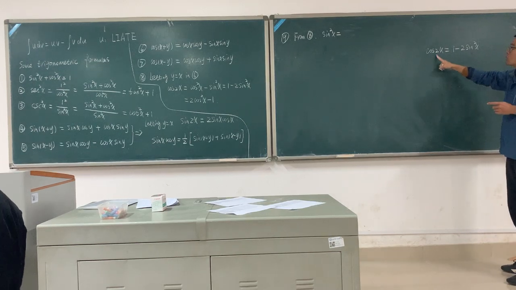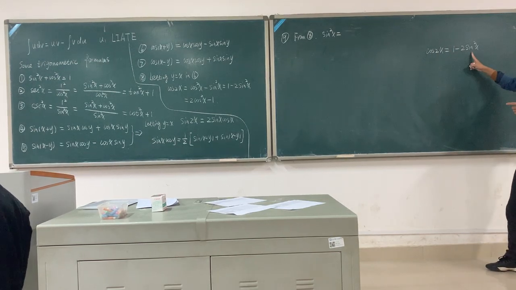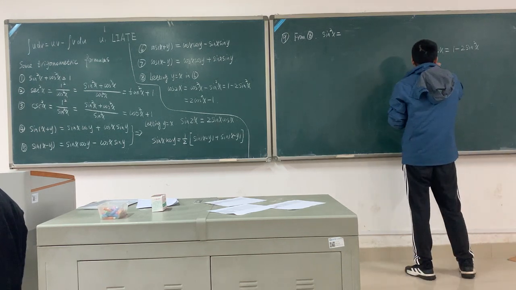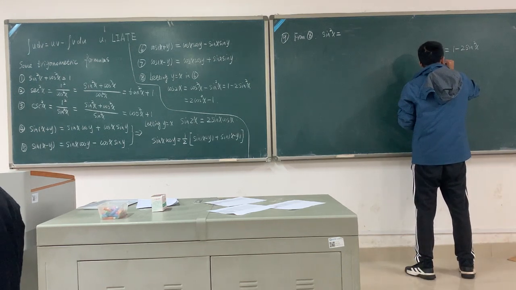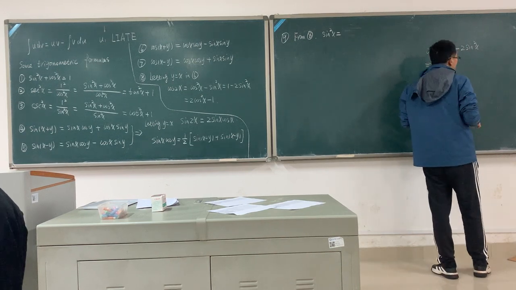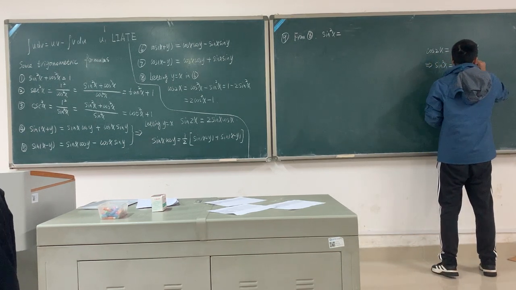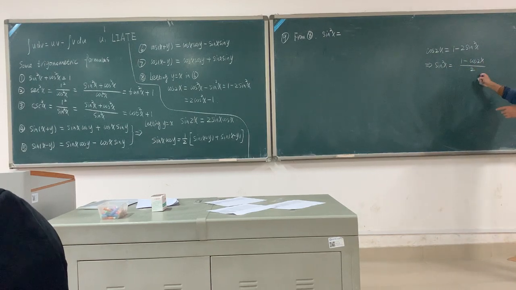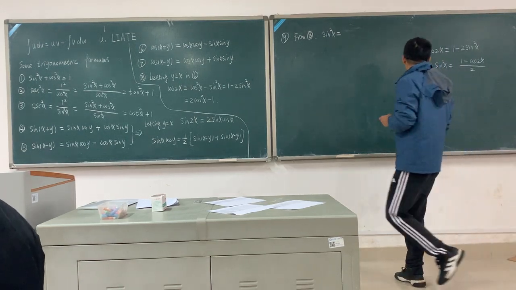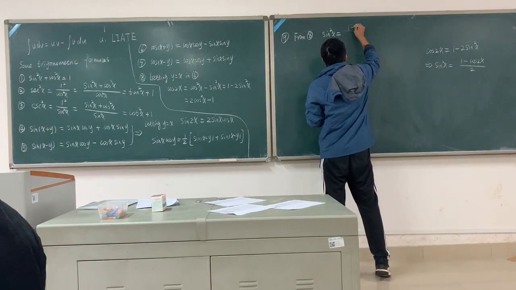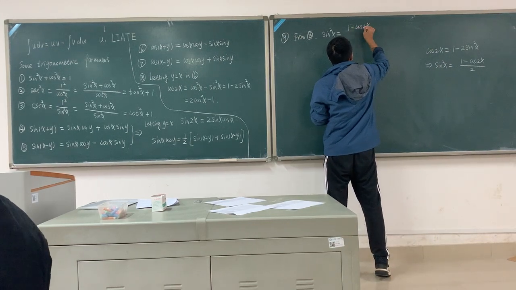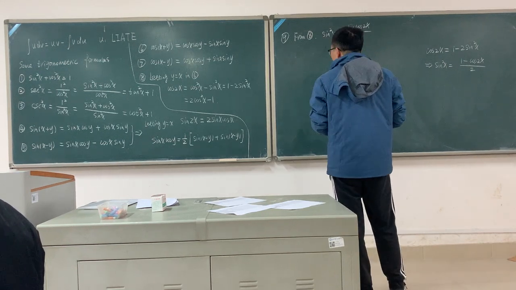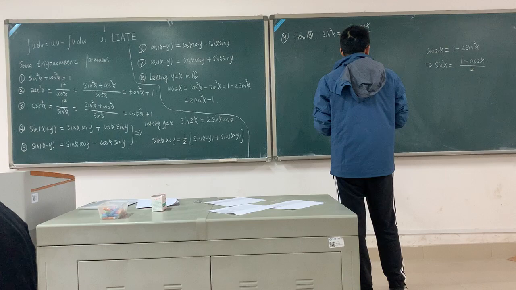So sin x squared equals 1 minus cosine 2x, all over 2. This is sin squared.